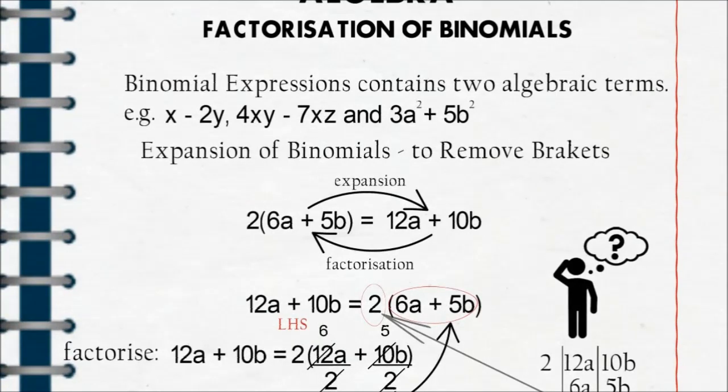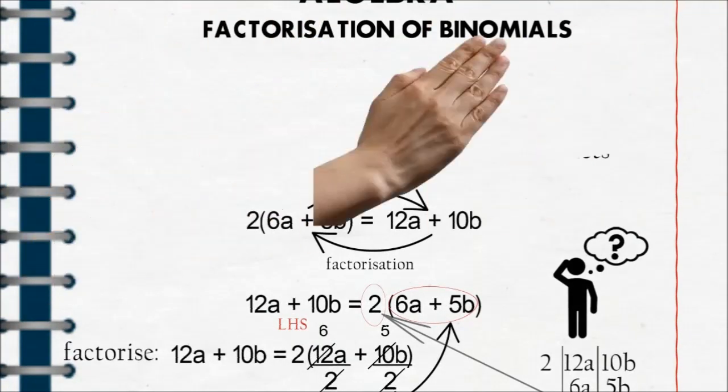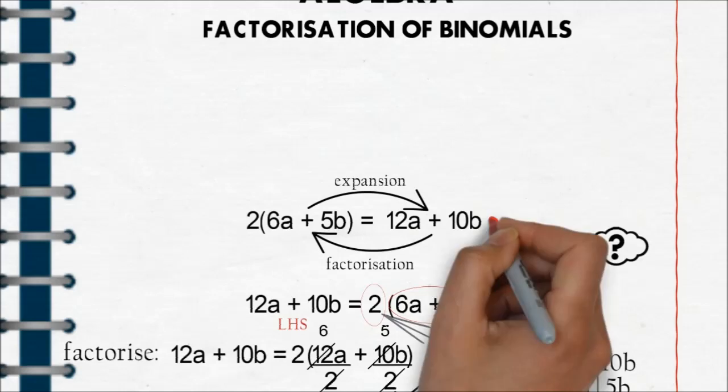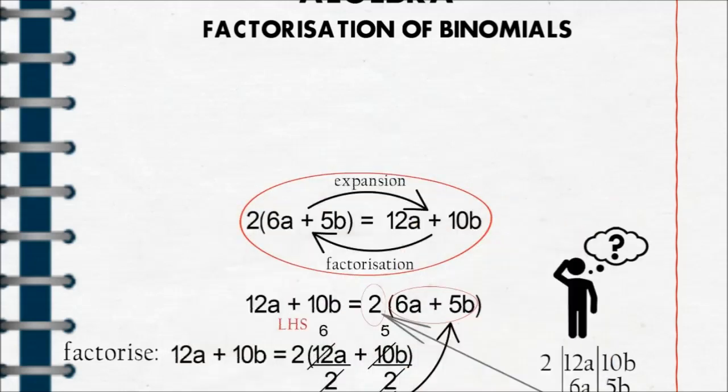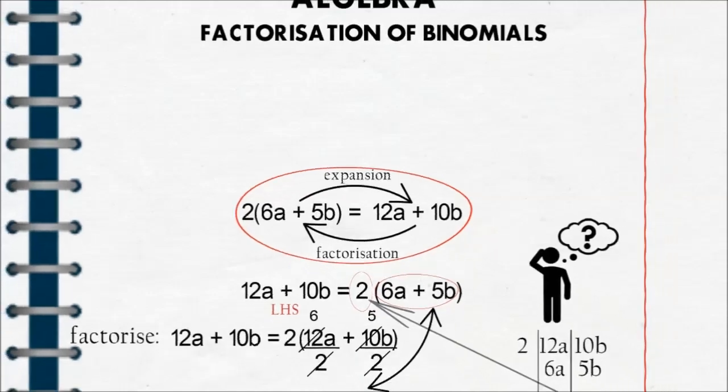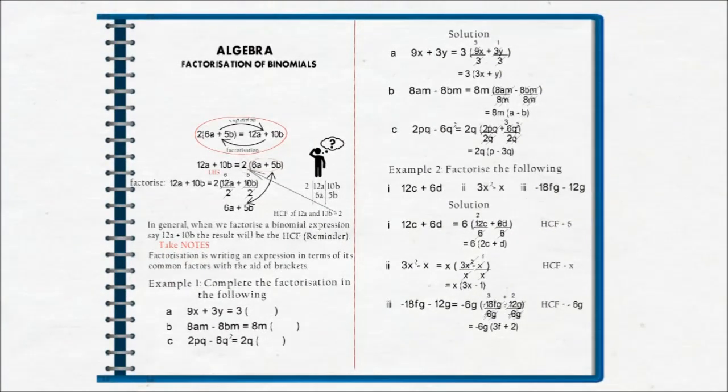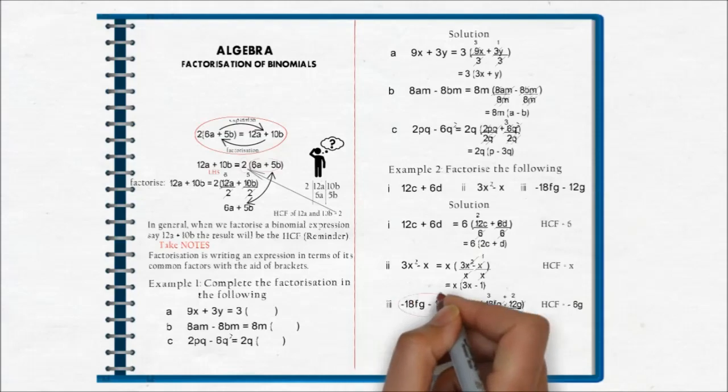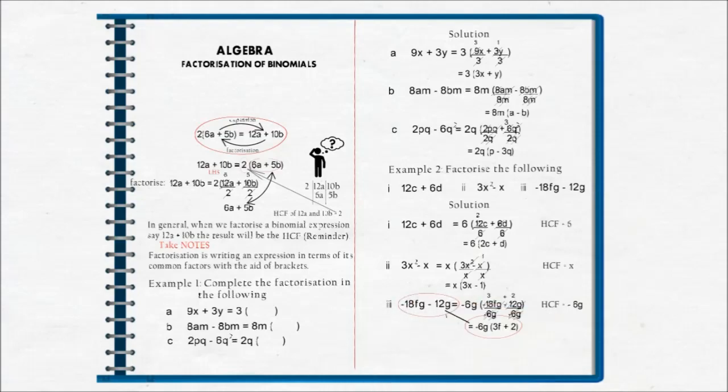Now let's quickly note this. Because we said factorization is the reverse of expansion, remember we stated that earlier in our lesson, it means that if we expand the right hand side of this expression, we should obviously arrive back at the same binomial expression that we were given in the question.